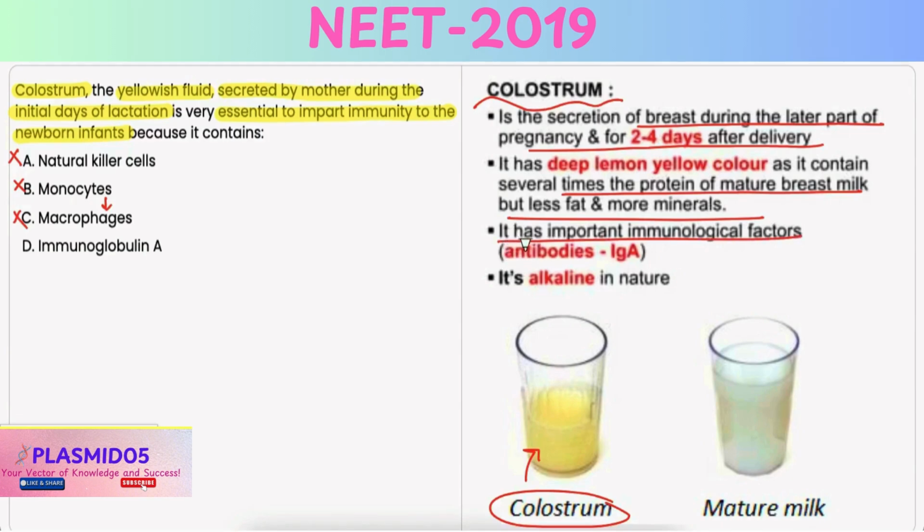And it is very rich in immunoglobulin A, that is IgA, an antibody that provides passive immunity to the newborn by protecting the mucous membranes in the gastrointestinal tract and the respiratory tract as well. And this is very important as the newborn's immune system is still developing. Hence, it is the correct option.